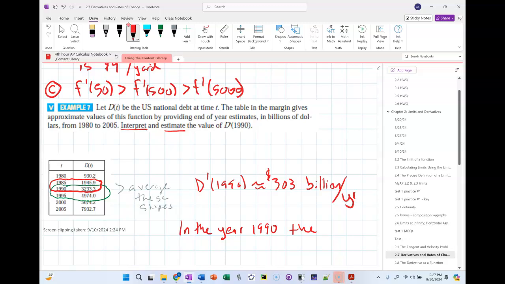What would I say? What is D talking about? The national debt. So D prime means the rate of national debt. Is everybody okay? So we just put that word rate in front of it if it's a derivative.